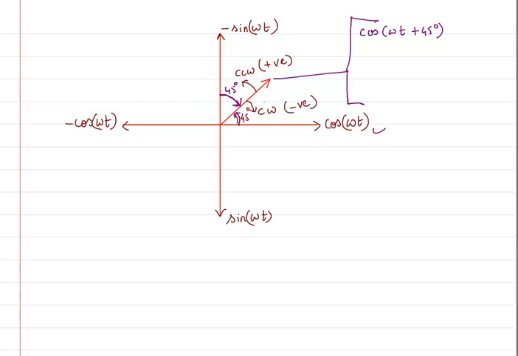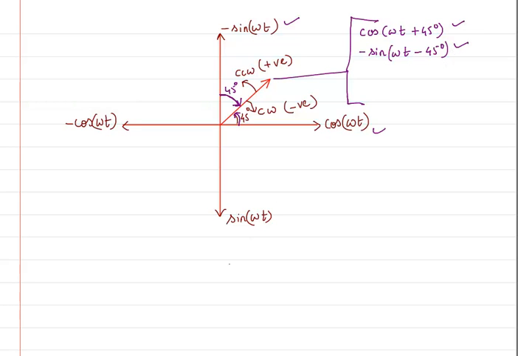So I can write this arrow as minus sine omega t from this particular axis, and since I have traveled clockwise 45 degrees, I will write minus 45 degree. This is also correct.